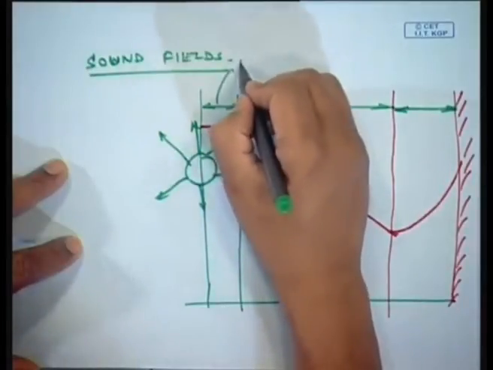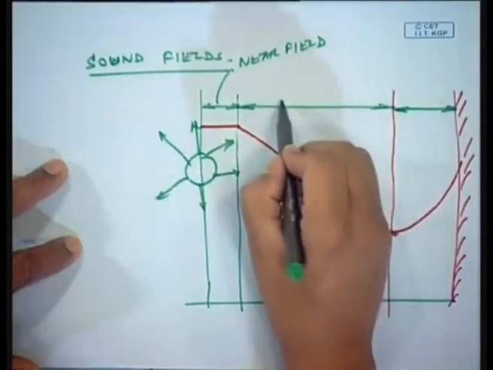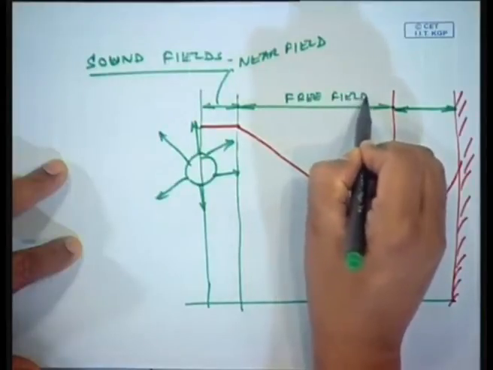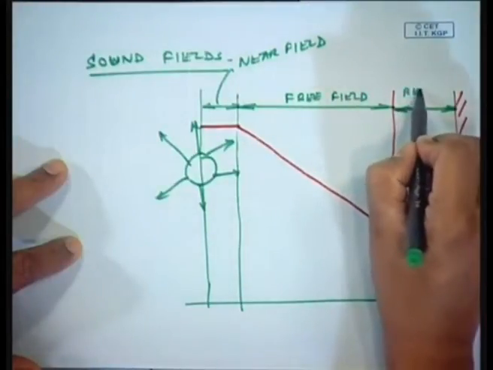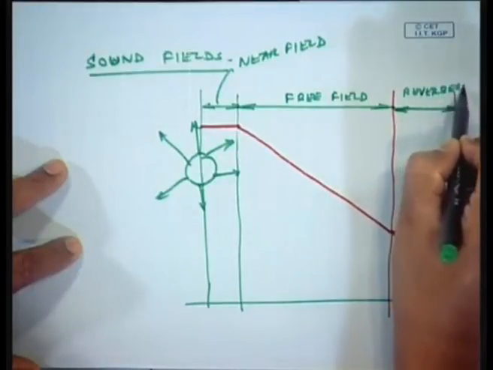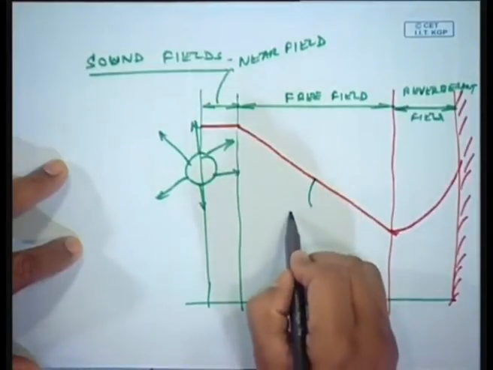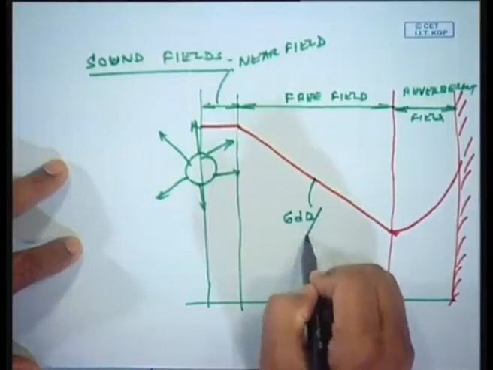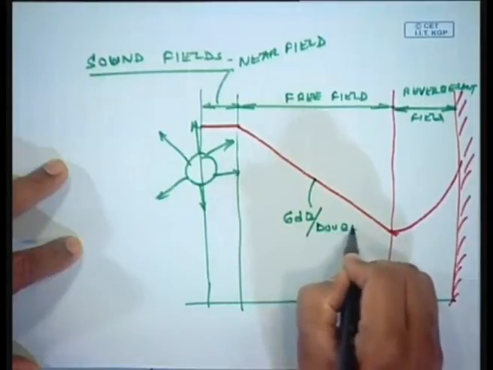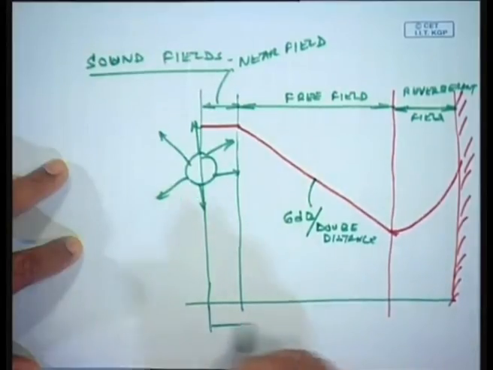This is the near field, and this is the free field, and this is the reverberant field. Here you will see a drop by 6 dB for double distance. And this is the distance r.